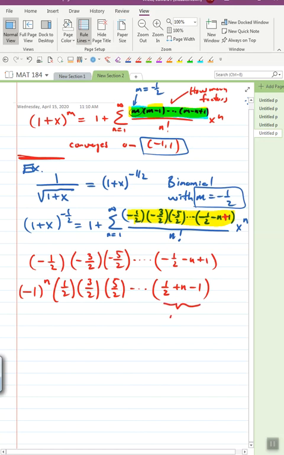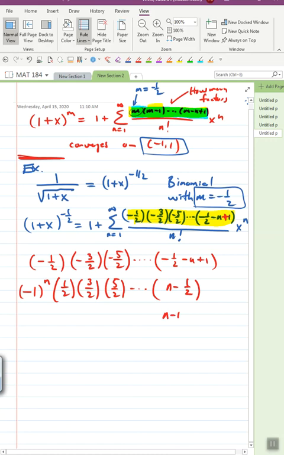It's n minus 1/2, or if you want to call it negative 1/2 plus n. So far, so good. So if it's okay, I'm going to just call this part n minus 1/2, because that's what it is.